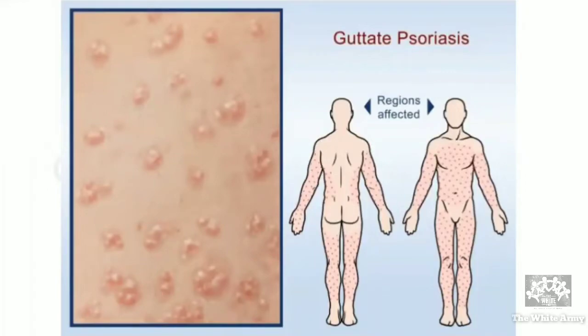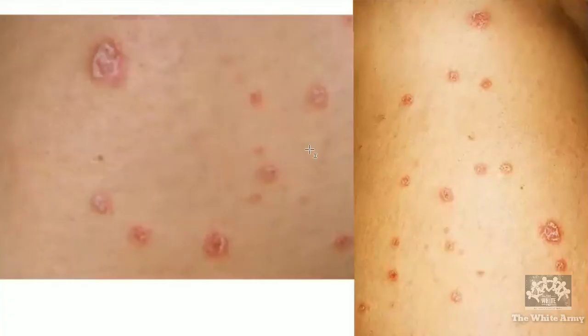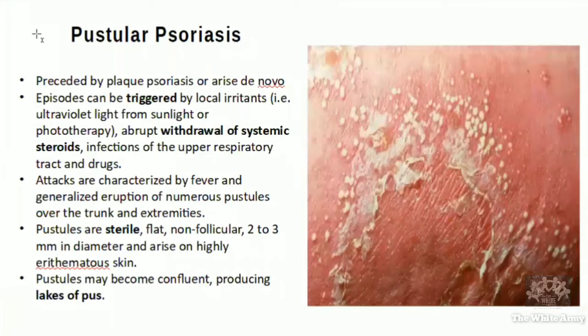Again, lesions of guttate psoriasis. Okay, small papules, usually papules with fine silvery white scales. Next type of psoriasis is the pustular variety, pustular psoriasis. Usually pustular psoriasis is not seen de novo, usually secondary to something else in an otherwise healthy chronic plaque psoriasis patient.